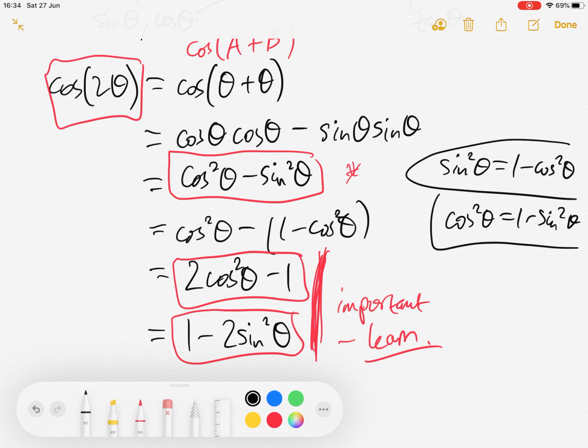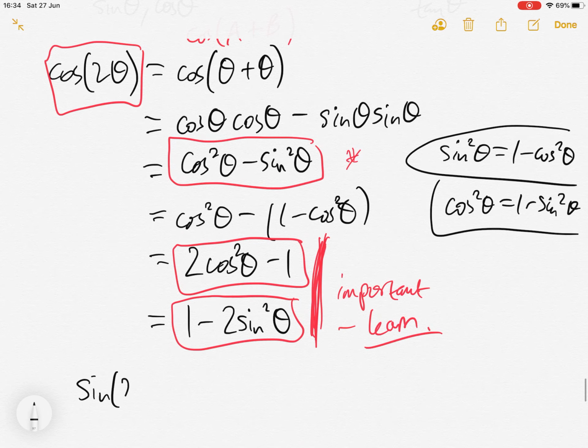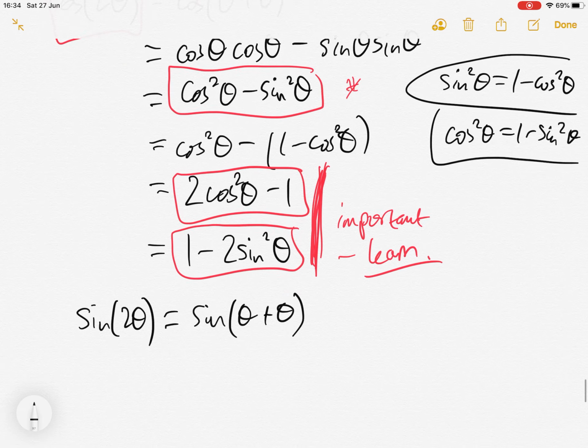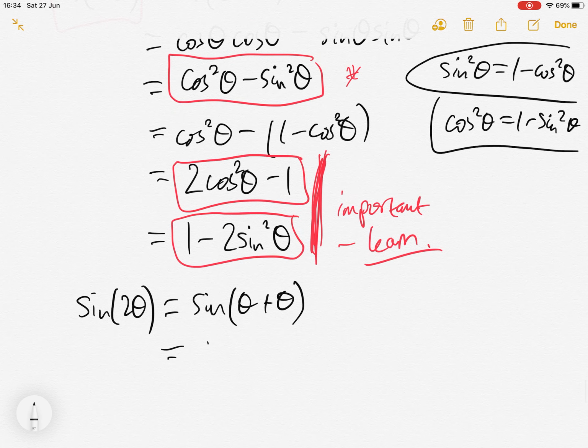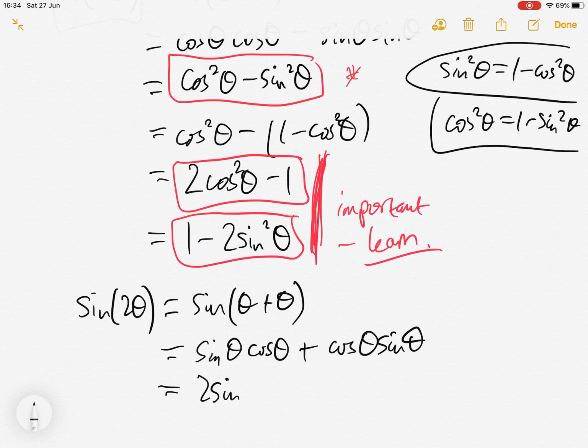Now on to sine 2 theta then. Sine 2 theta again is sine theta plus theta, which is sine theta cos theta plus cos theta sine theta, which is 2 sine theta cos theta.